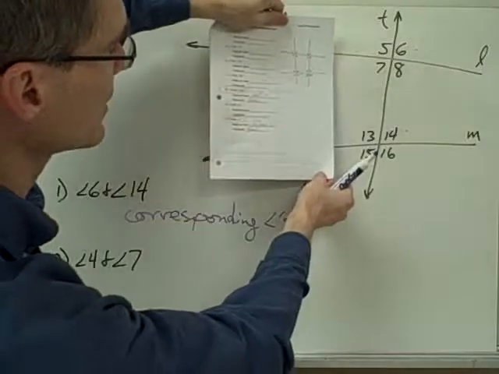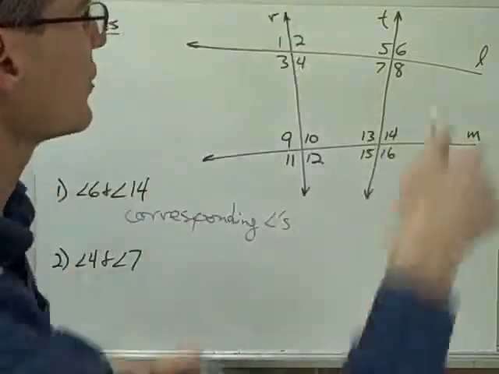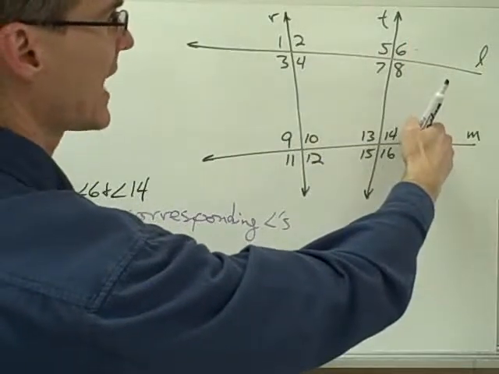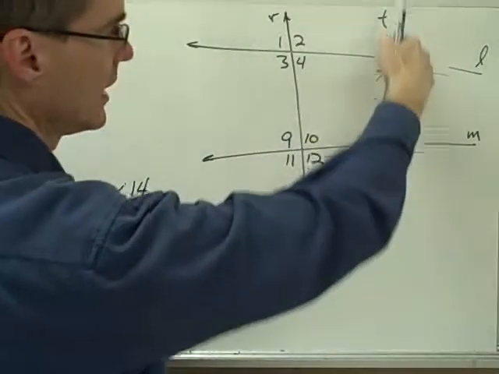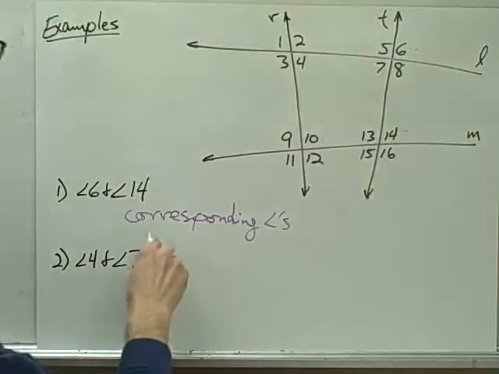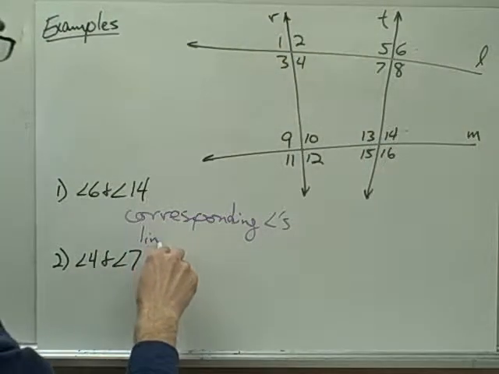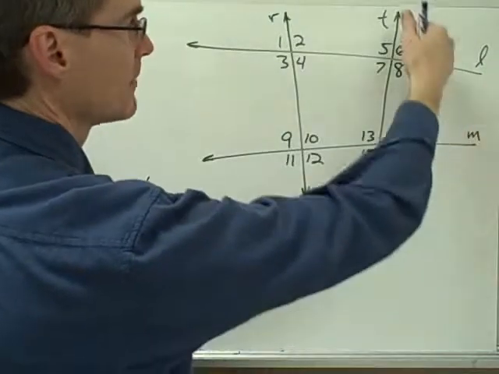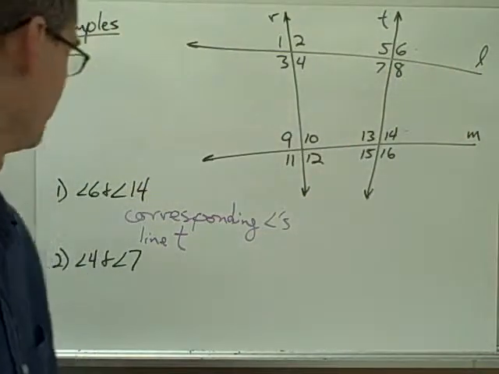In fact, I could just cover up that part of the diagram, and I would see that angle 6 and angle 14 are corresponding angles. In this case, the transversal is line T. So my 2 lines are L and M, and my transversal is line T.